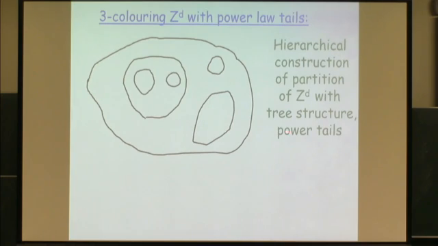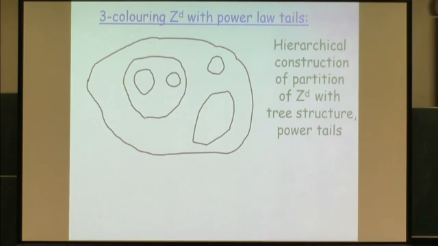So you have a partition of ZD into sets, and each one has a parent, another set that surrounds it. All the sets are finite, and there's a way of constructing this thing with power law tails from IID randomness. It's a pretty intricate construction.